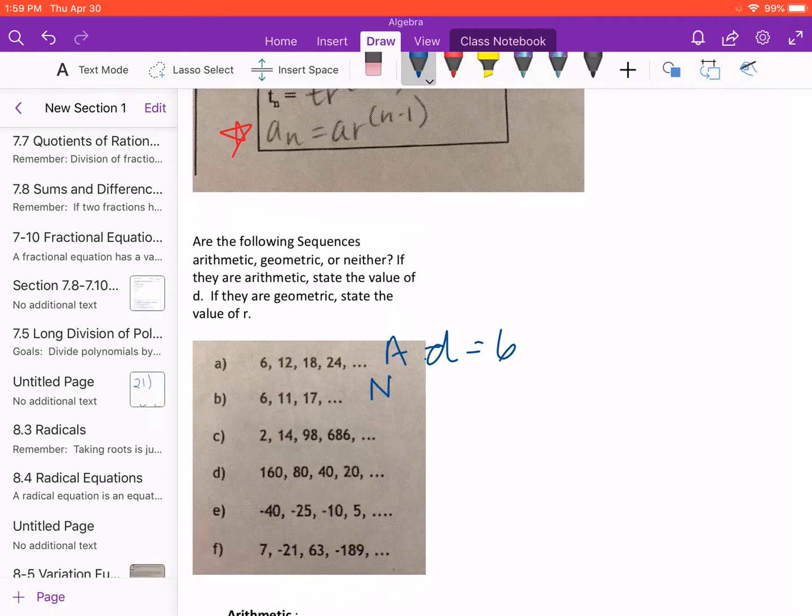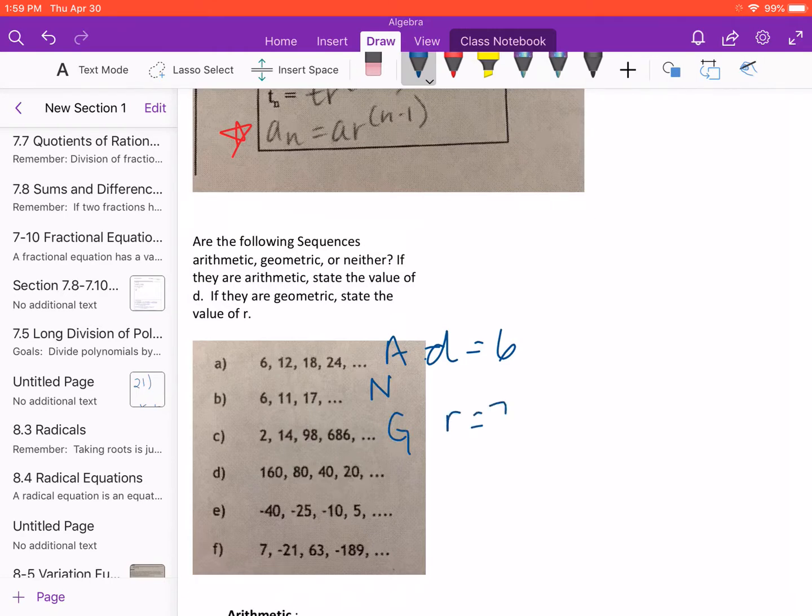Letter C, 2, 14, 98, 686. Numbers start to get very large, so that's indicative that this could be a ratio. So if we take 2 to 14, 14 to 98, it looks like we are multiplying, and one term equals a constant multiplied by the preceding term, so it must be a geometric sequence.